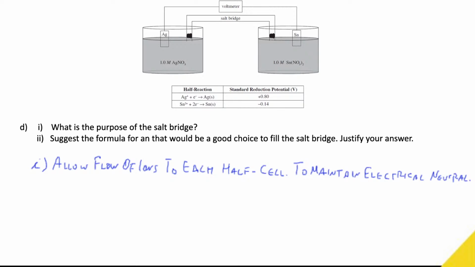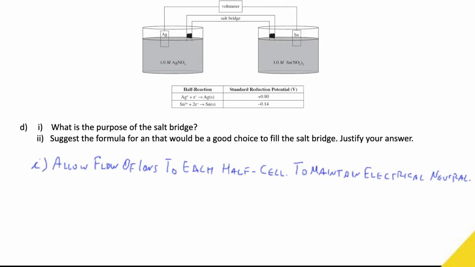Now, if I have to suggest a formula for something that goes in the salt bridge, remember the salt bridge has to transfer ions, but that's about it. These ions can't take part in a reaction or interfere with it.